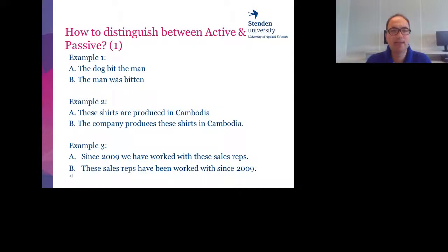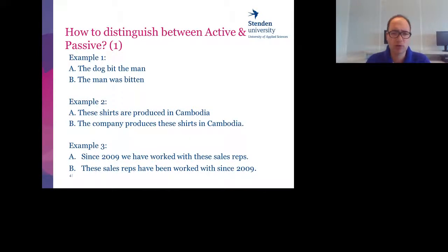Whereas in the second sentence, something happens to the subject, to the man. And you see that the dog's been left out. Because in the second sentence, it's not so important who did it, whether that was a dog or a snake or a cat. But the most important thing is that this man has been hurt and he needs to be taken to a hospital or to the doctor.